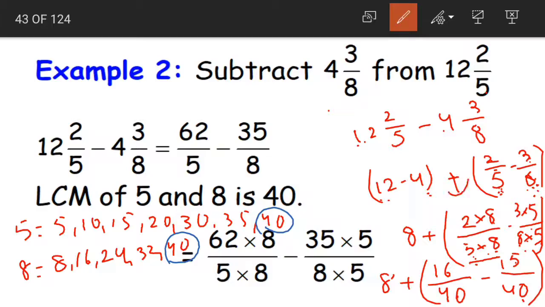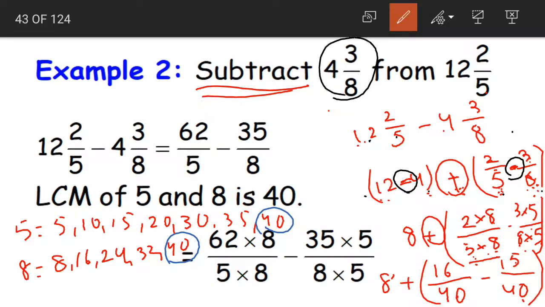Now why is this plus here? You might get a doubt, we are subtracting the fractions, but why is the plus written here? See, actually here we are subtracting itself. So we have written the subtraction signs inside the brackets. We are subtracting the whole numbers and then subtracting the fractions.